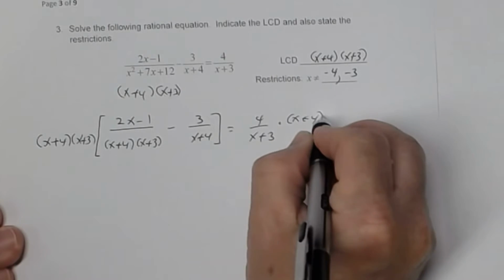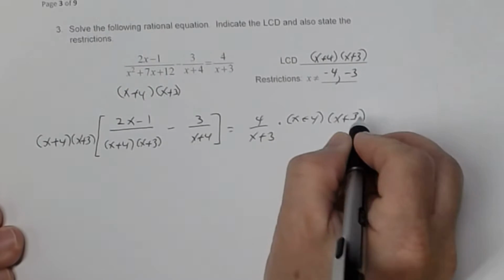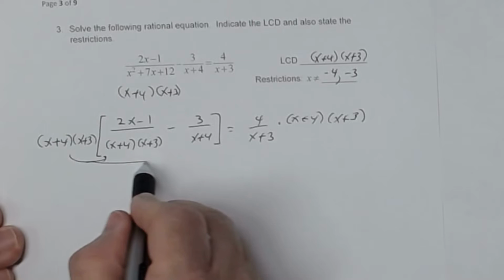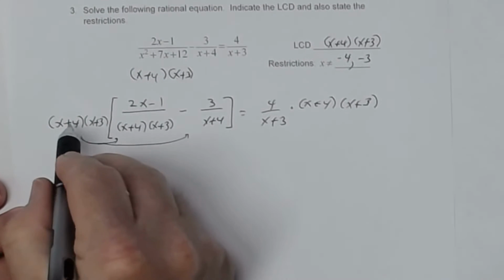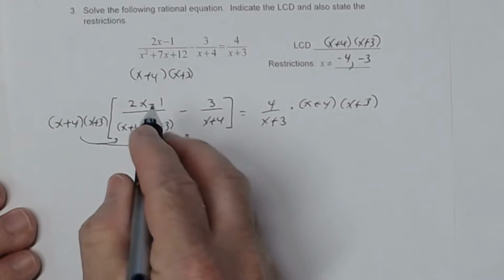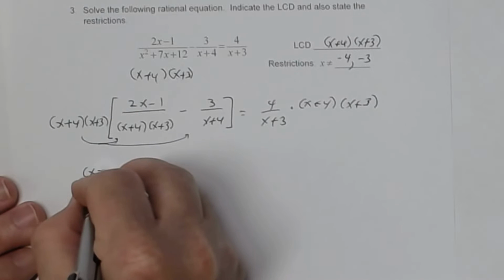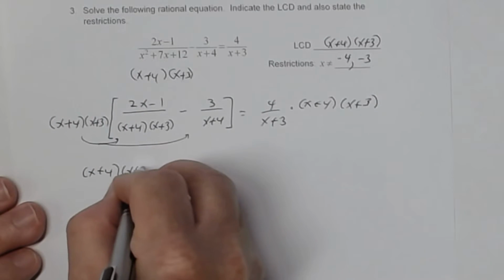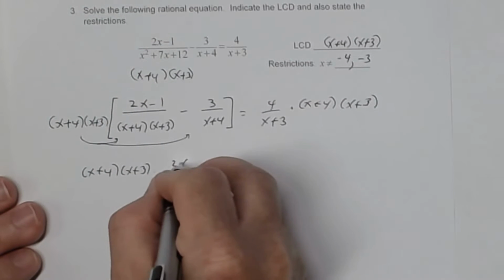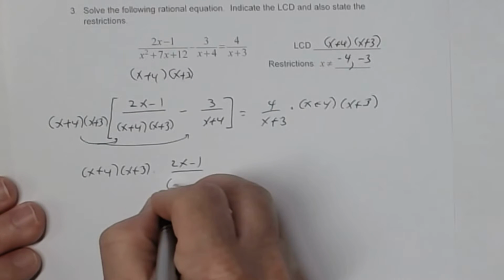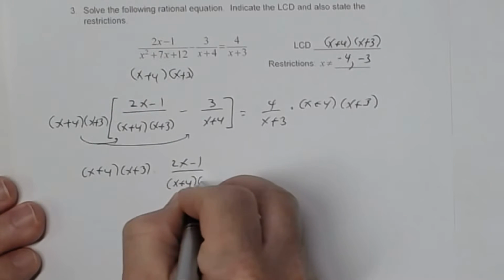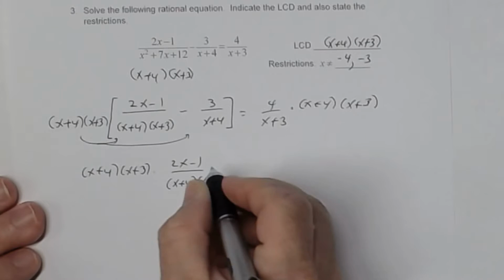All right, now the next thing you're going to do, just like you did in the previous problem, is distribute. So the LCD times that first rational expression: x plus 4 times x plus 3 times 2x minus 1 divided by x plus 4 times x plus 3.